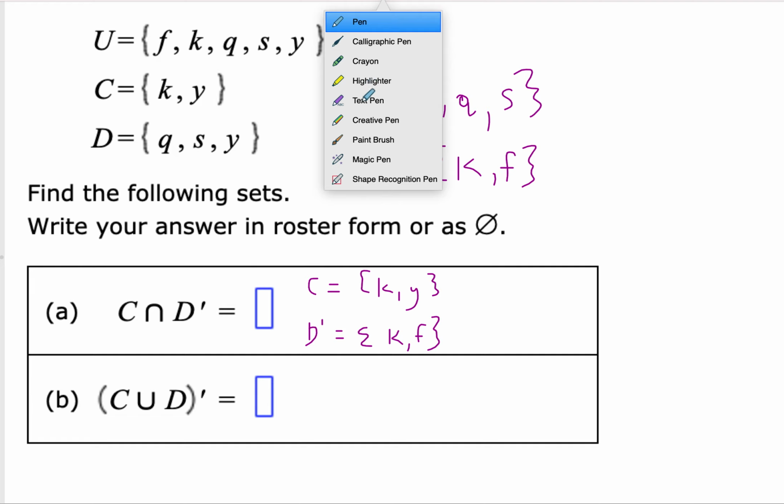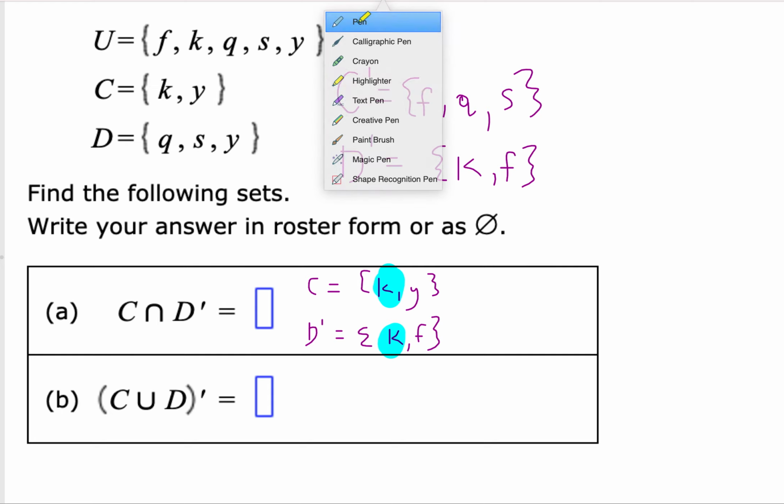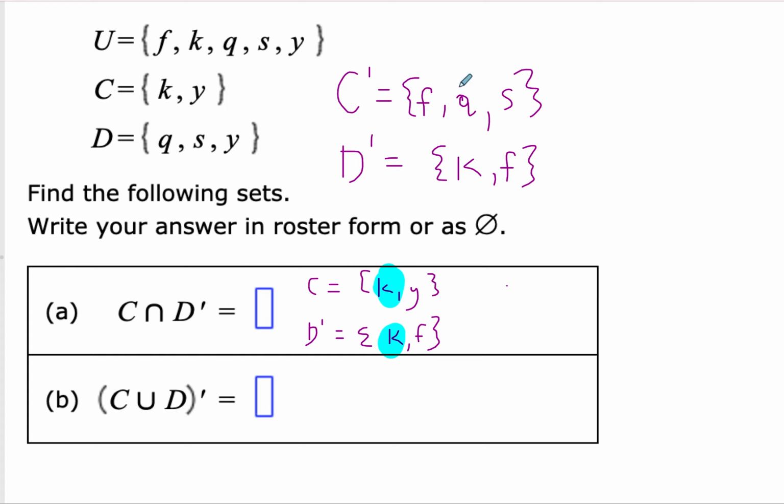Well, the only thing that they share is the K. So that's the answer. You don't put everything down, you just put what they have in common. So what they have in common is simply K, and that's all you put inside of the brace.